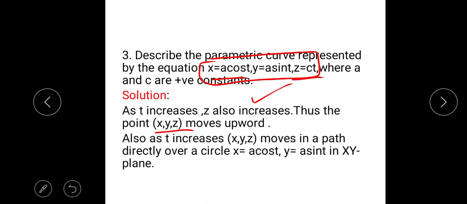Also, as t increases, the point x, y, z moves in a path directly over the circle x is equal to a cos t, y is equal to a sin t in the xy plane. We know x is equal to a cos t, y is equal to a sin t represents a circle in the xy plane.